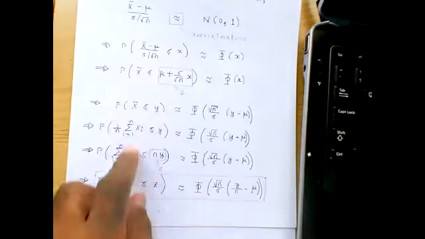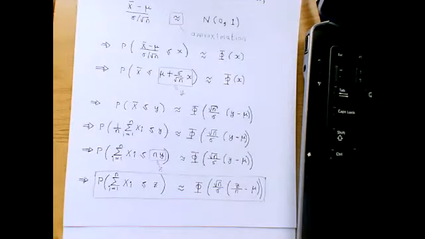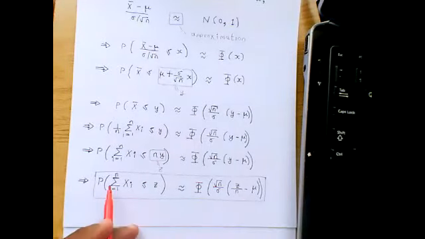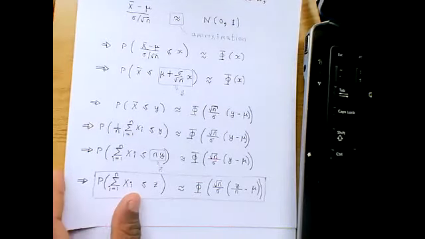If you have difficulty following this math, please contact me 24/7. If you do this math, then you come to this stage here which says that the CDF of the sum of the random variables can be approximated by this, where phi denotes the CDF of the standard normal distribution, right? So this is an approximation for the CDF of a sum of IID random variables following any distribution, right?